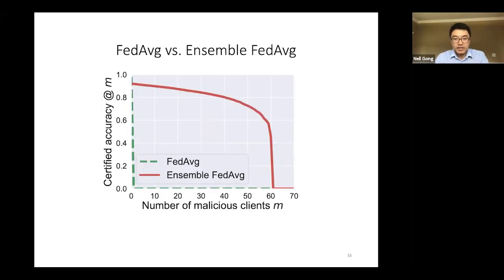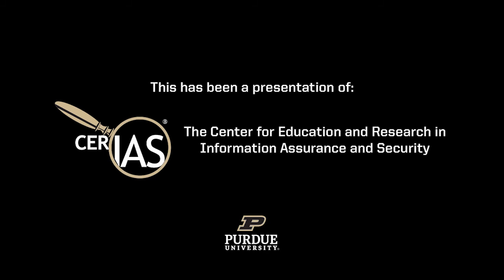In this figure, the x-axis is the number of malicious clients M. The y-axis is the certified accuracy at M. This curve corresponds to FedAvg. This curve corresponds to our ensemble FedAvg. In ensemble FedAvg, we basically use FedAvg to train the N global models.